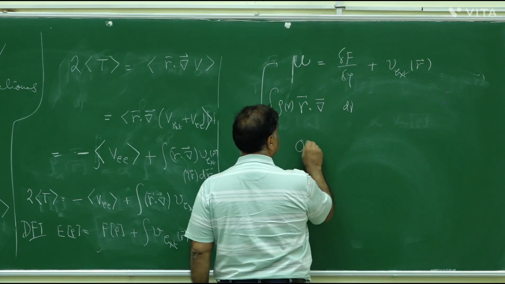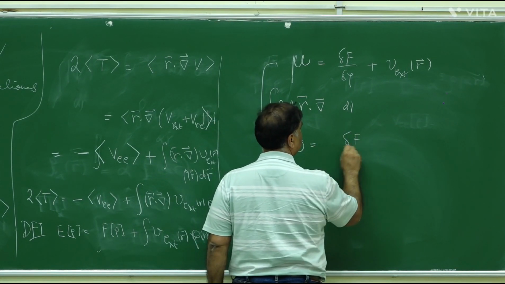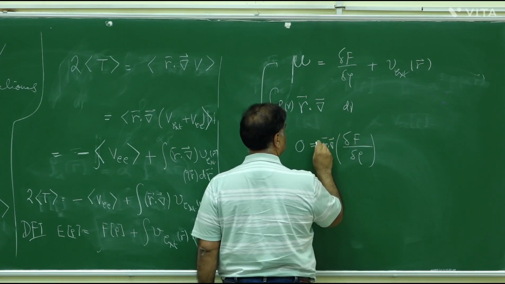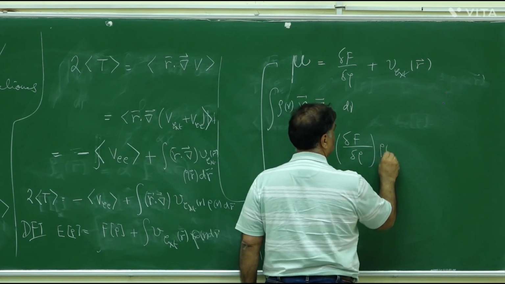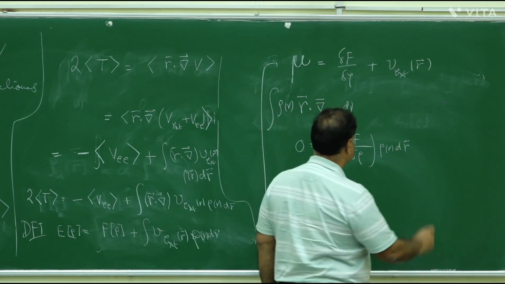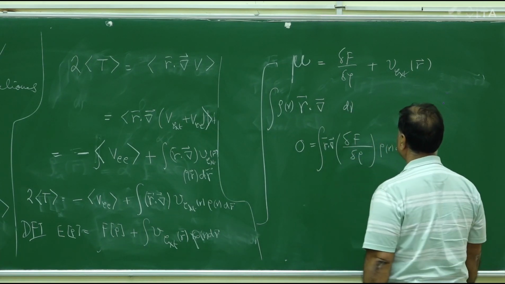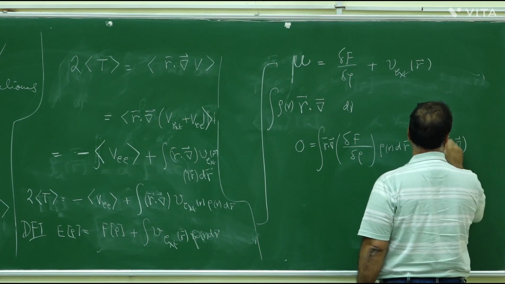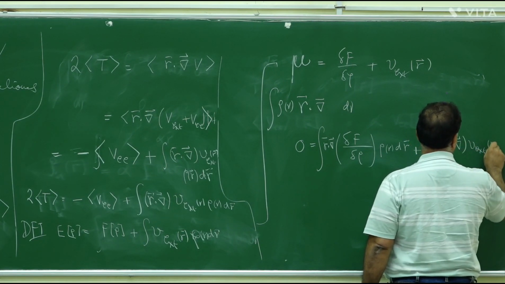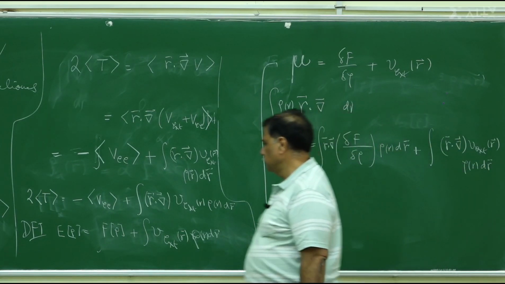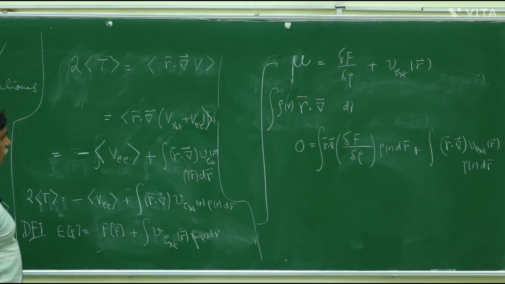So I am going to get 0 equals partial F, partial rho R dot del, integration rho R dr, plus integration R dot del V external R rho R dr. Is that okay?